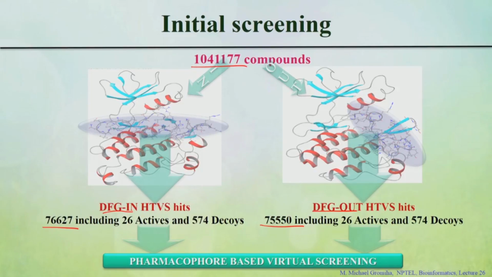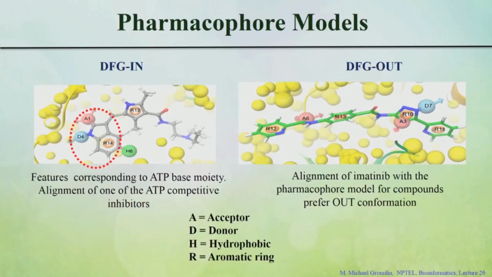Then what we did, those were subjected to a pharmacophore based model. So, what is a pharmacophore based model? Right, if you see a protein, you can see the active site and see the moieties, right, around this particular binding site. So, what are the features, right, corresponding to this ATP based moiety?